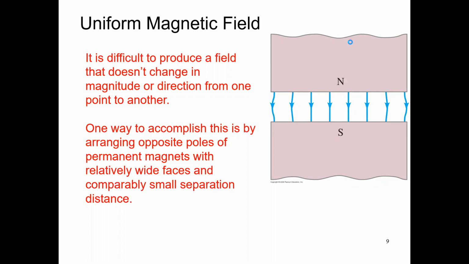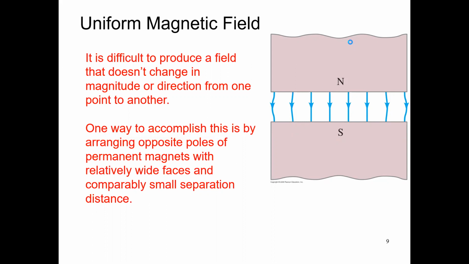Okay, so we left off on this slide about the uniform magnetic field that we're going to be trying to use in a lot of our problems. Technically, a uniform magnetic field, just like a uniform electric field, is a bit hard to produce. One of the ways you can produce it is by looking at the field between two magnetic poles of permanent magnets that have relatively wide faces and a comparably small separation distance.